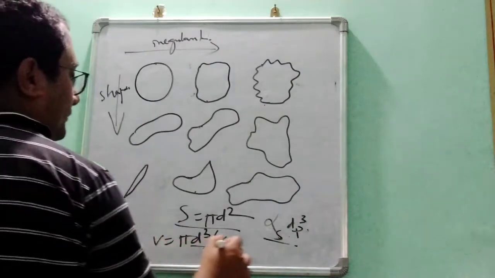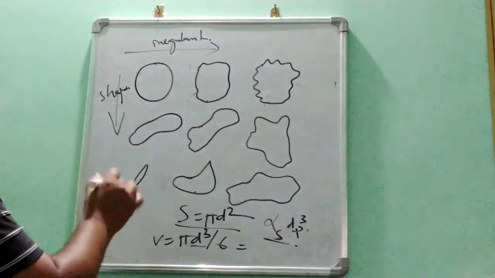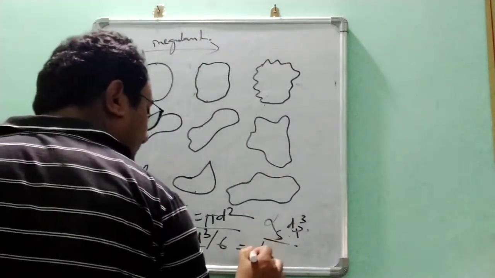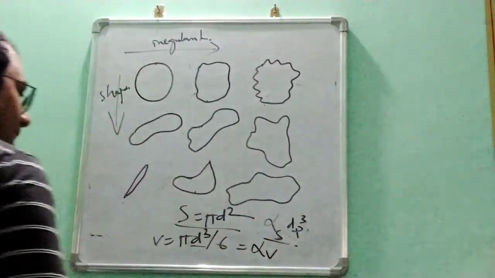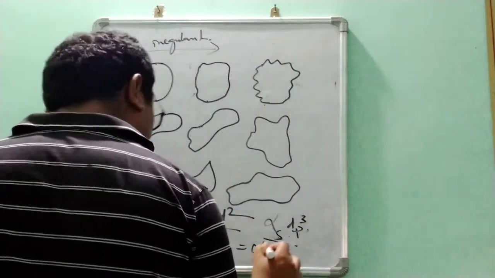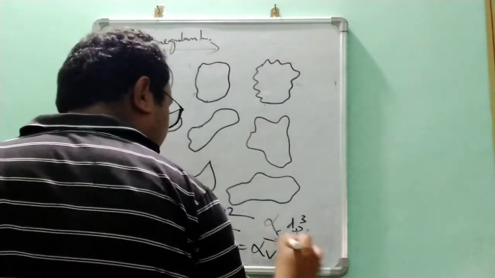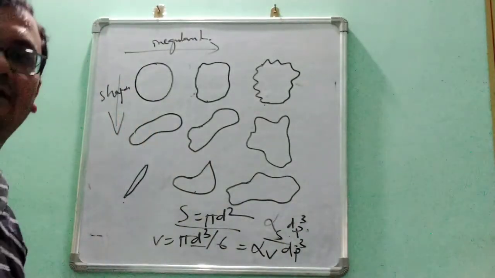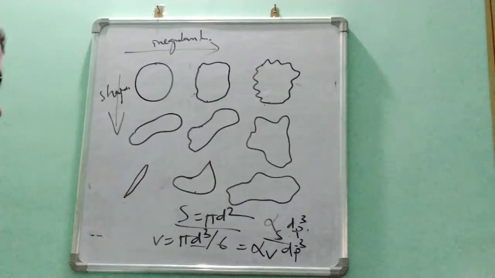If we need to find the volume, then the formula changes slightly. We can write V equal to alpha v into dp cube, where dp means the projected diameter.